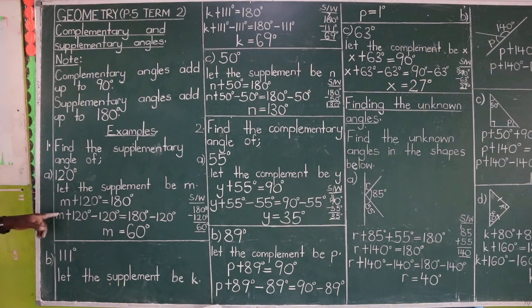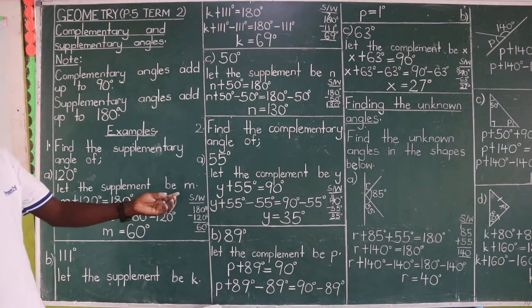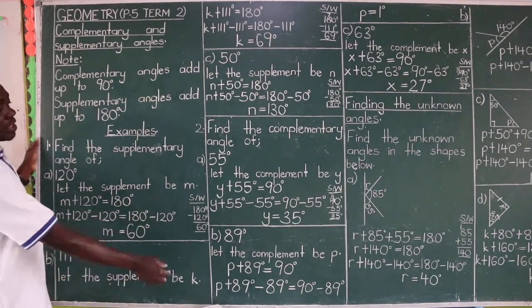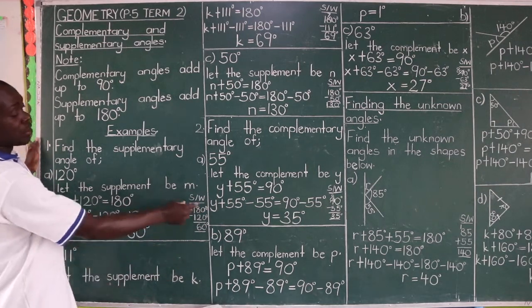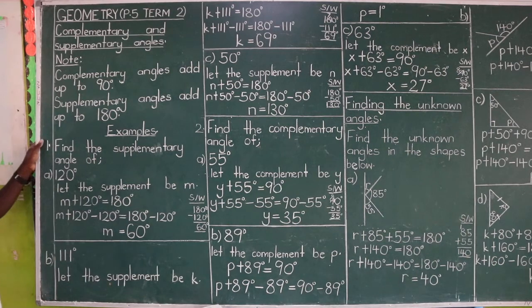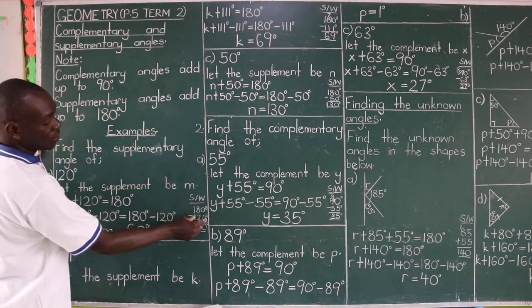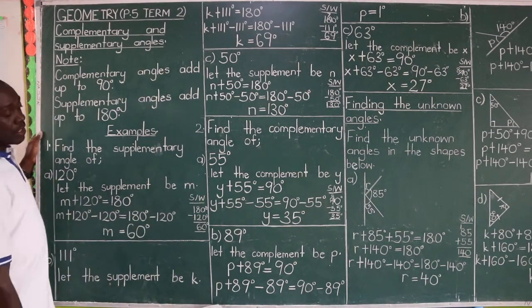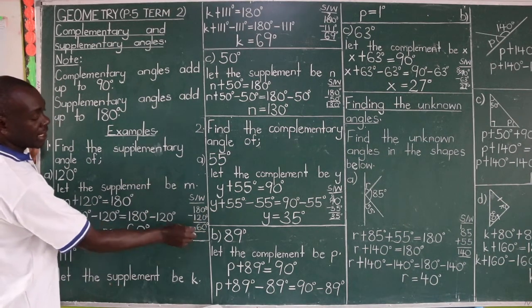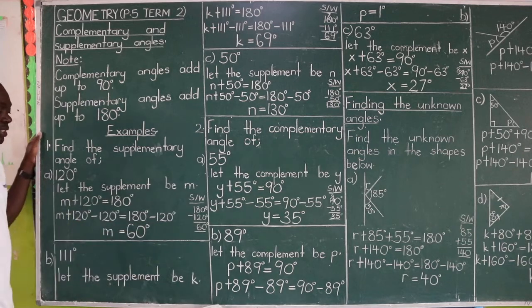As usual, we say M plus 120 degrees minus 120 degrees equals 180 degrees minus 120 degrees. So we put what is called part of work or side work to get the actual difference vertically. 180 degrees minus 120 degrees, where 0 minus 0 is 0, 8 minus 2 is 6, 1 minus 1 is 0, which is not written here.